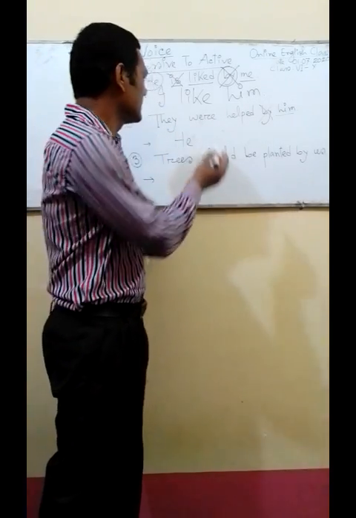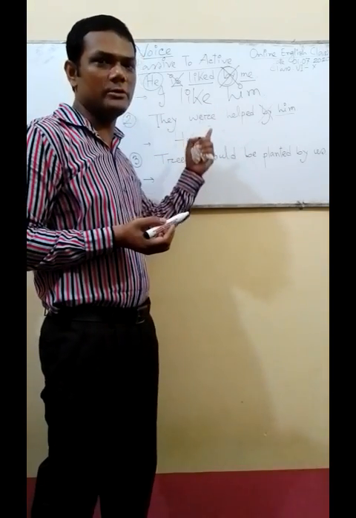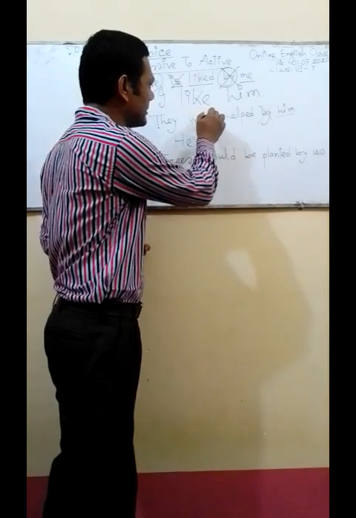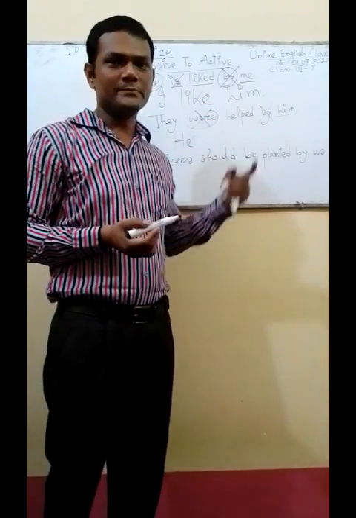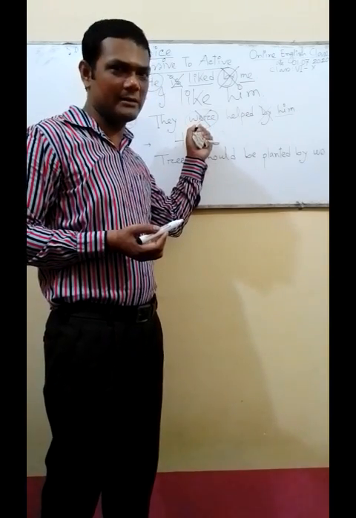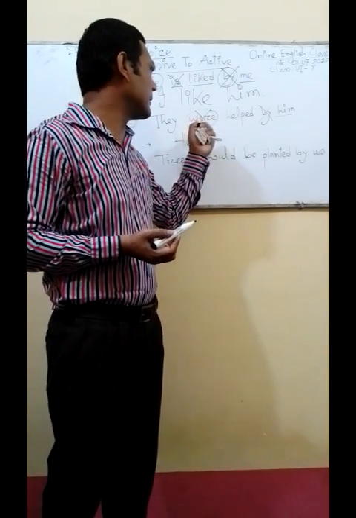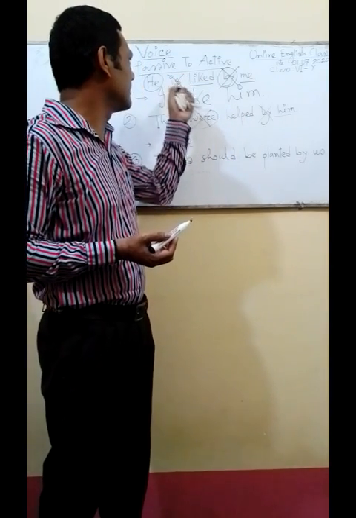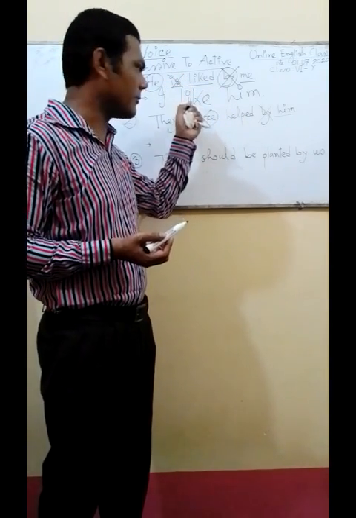Then you have to find out the auxiliary verb, and this is the auxiliary verb, and you have to cut it. And as here was, were, so you have to use the past form, and here there is a is, so you have to use present form.